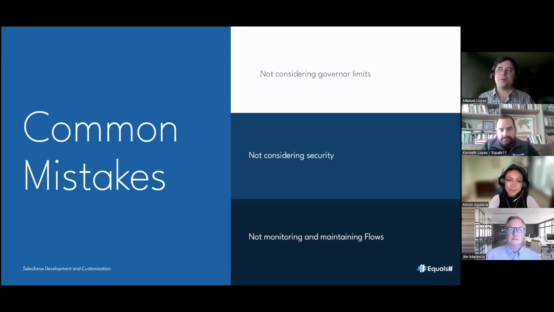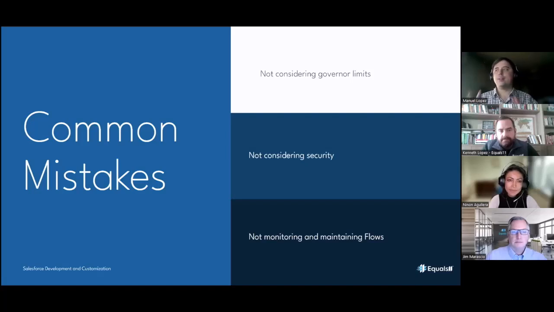Okay, so let's start by considering the governor limits and performance in general. The idea is that now, as you have more capabilities for defining different processes, it is more important than before to consider how you're processing all the data.